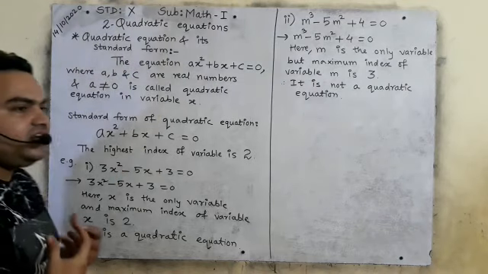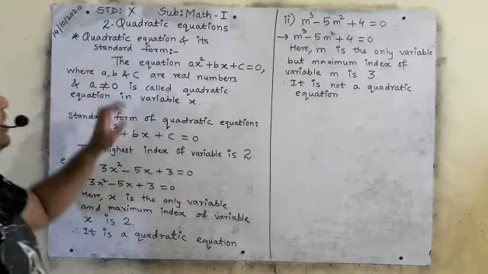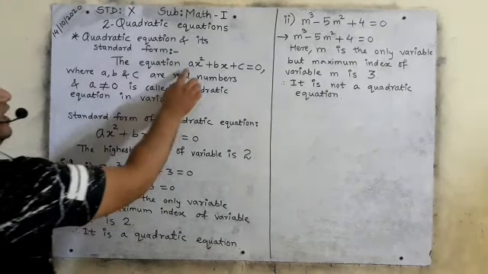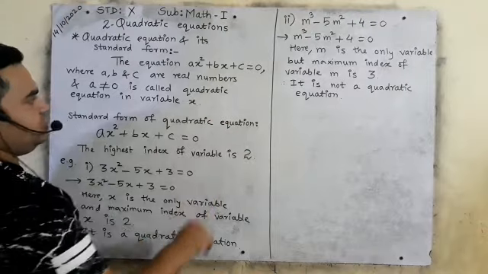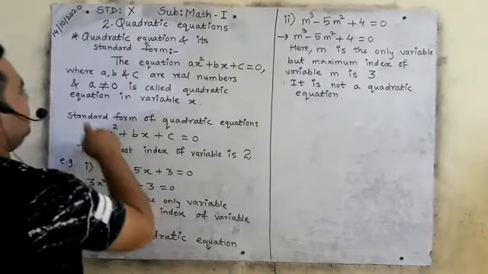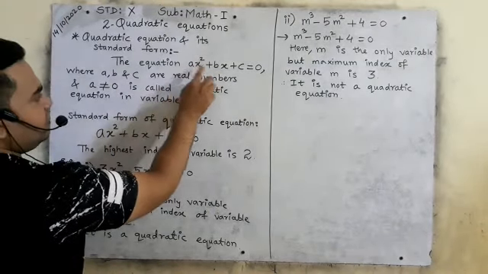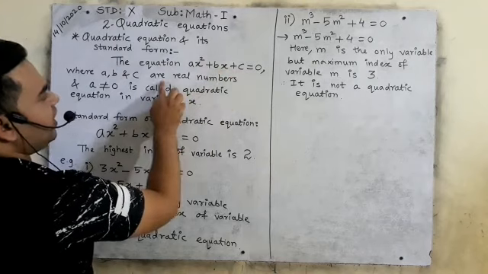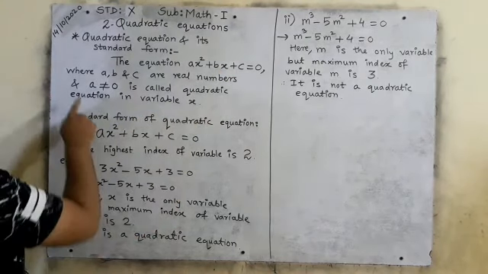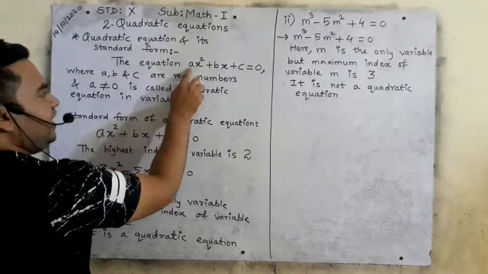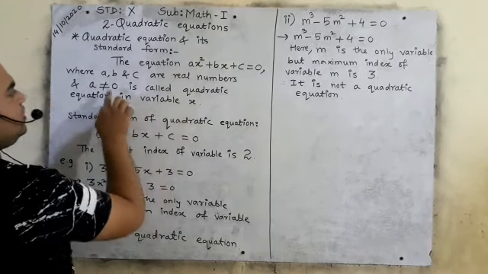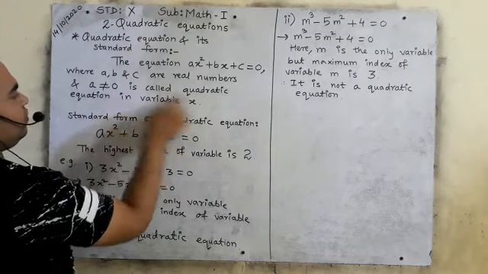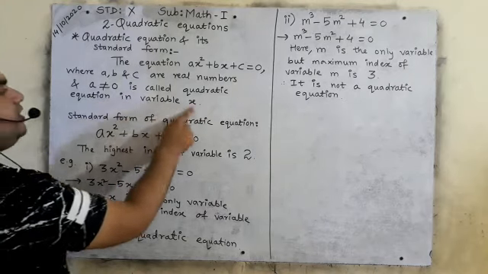So what is a quadratic equation? Look here at the equation ax square plus bx plus c is equals to 0. This is an equation where a, b and c are real numbers, and a does not equal 0. This is called a quadratic equation in variable x.